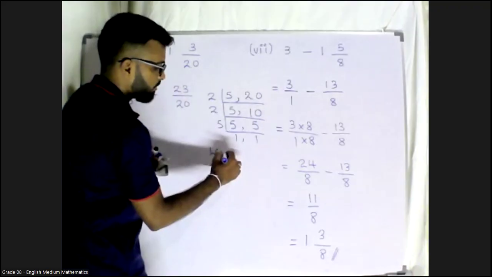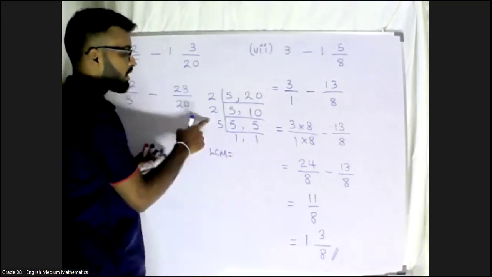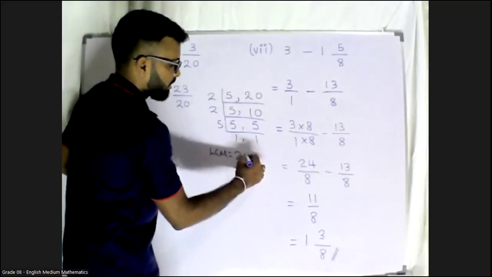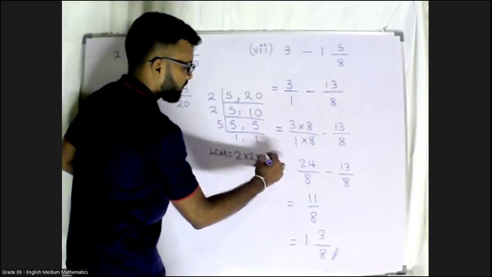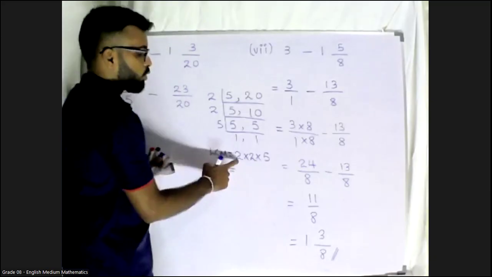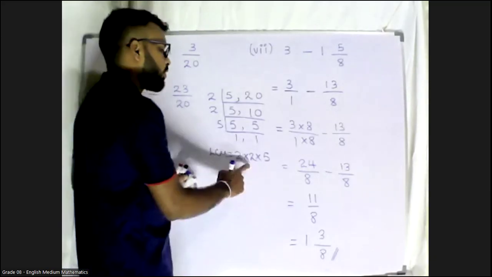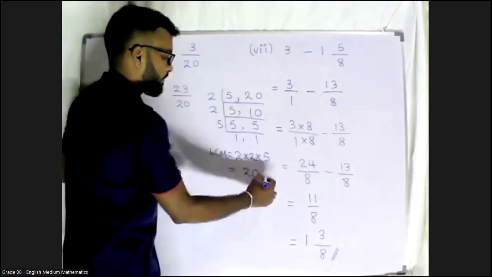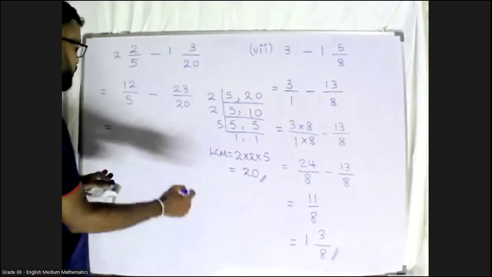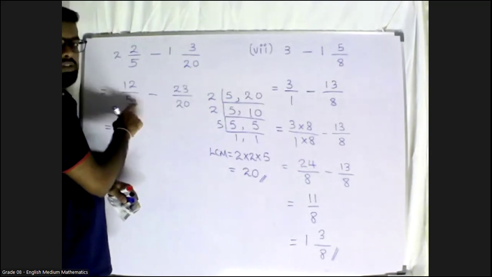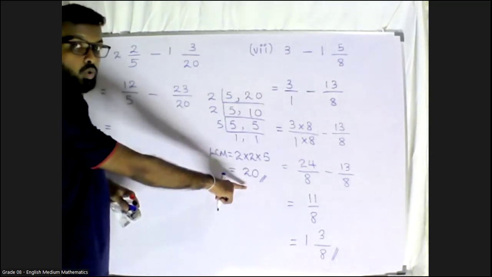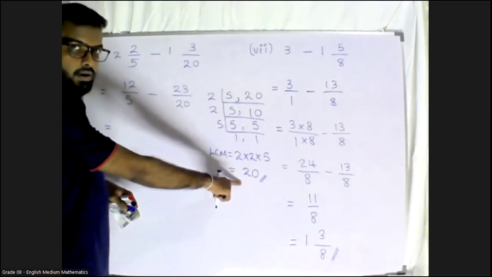And what is the LCM? The multiplication of these 3 numbers. 2 times 5. 2 times 2, 4. 4 times 5, 20. So you need to convert both denominators into this 20.